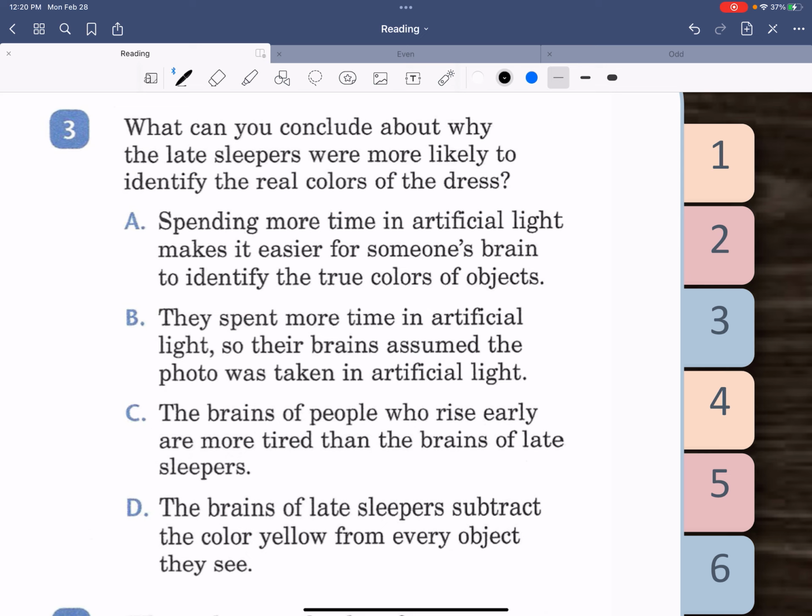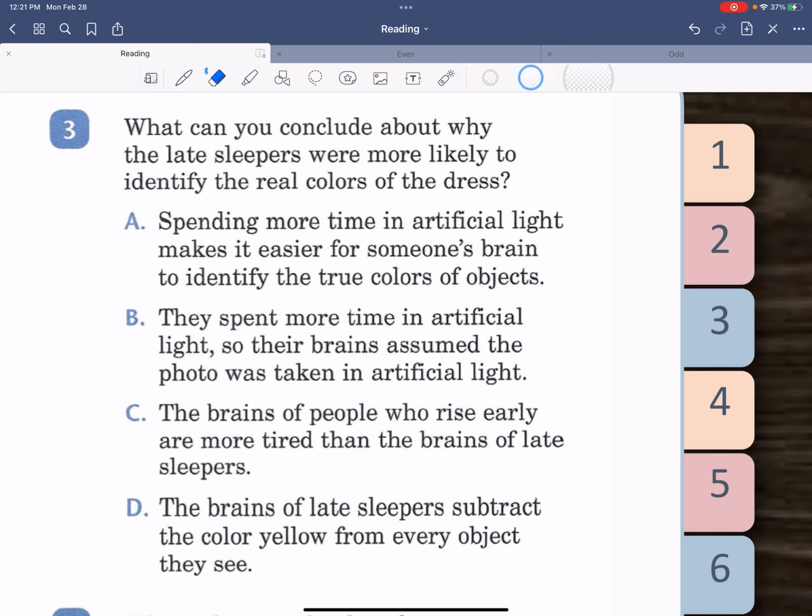They spent more time in artificial light, so their brains assumed the photo was taken in artificial light. The brains of people who rise early are more tired than the brains of late sleepers. The brains of late sleepers subtract the color yellow from every object they see.